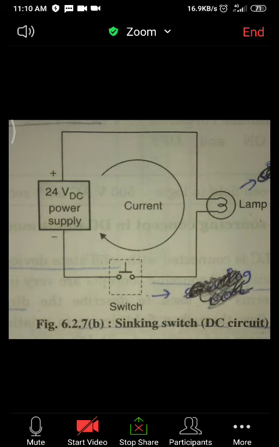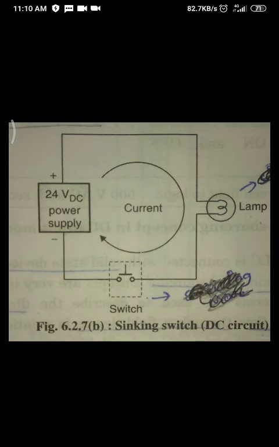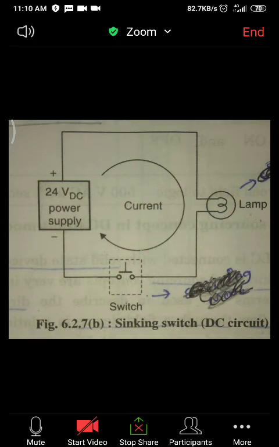But see the condition. First of all, when the switch is pressed, current will be generated from the positive terminal of the battery, then it will go to the lamp, and then from the lamp it will go to the switch. Now the switch is sinking, meaning accepting current from the lamp. So it is taking current as an input. It is not now the source of energy. Current flows from the positive terminal of the battery to the bulb first, then it goes to the switch and returns to the negative terminal.